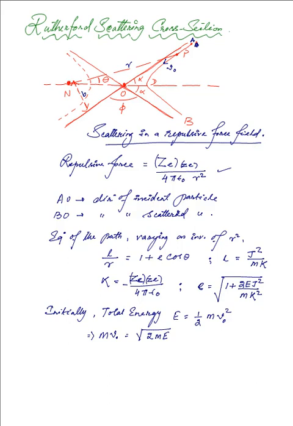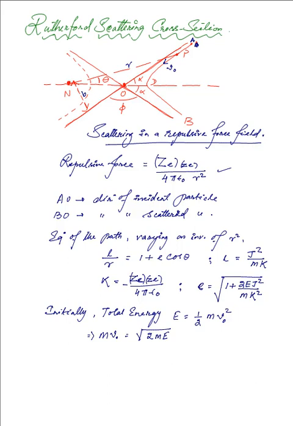Now where does this come from? Obviously we know that the square of the momentum divided by 2 times the mass is equal to energy. So p squared by 2m is equal to E. The 2m gets cross multiplied and we have p squared as 2mE. So p, which is equal to m v naught, is equal to the root of 2mE. So that's where we get this.